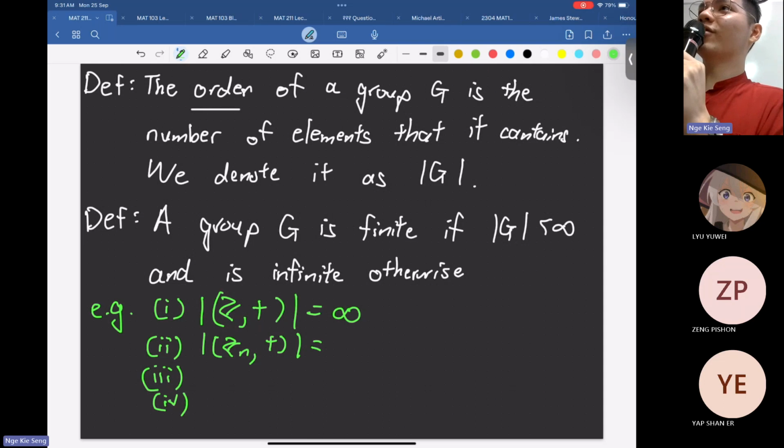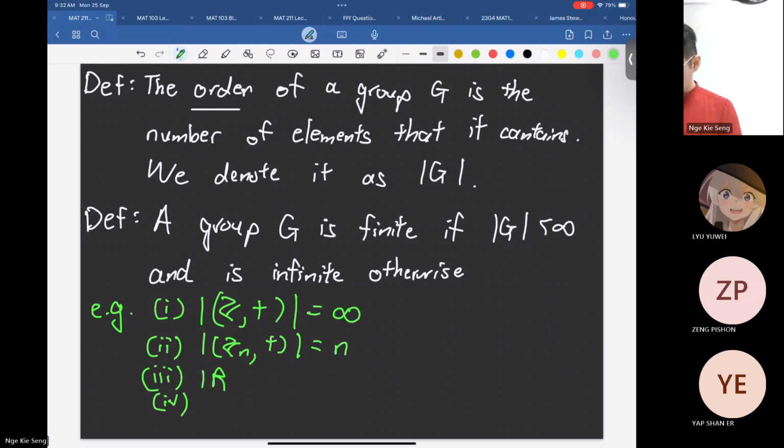You sure? How many numbers on your clock? 12, right? So Z12 has 12 numbers. So Zn has n. What are the equivalence classes? 0, 1, 2, 3, 4, 5, 6, and so on up to n minus 1. How about n? n is the same equivalence class as 0. So you got n.